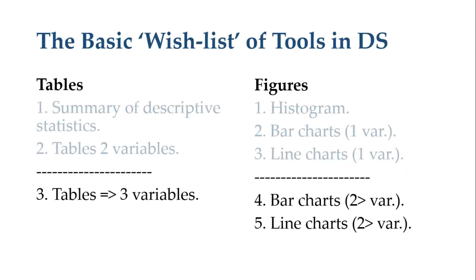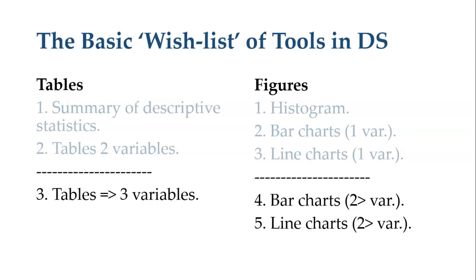And this is again a reminder of where we are. We talked about this wish list of tools related with descriptive statistics. We said that we're going to learn to prepare tables of summary of descriptive statistics, and tables with two variables, which we learned last class, in lecture number 4.